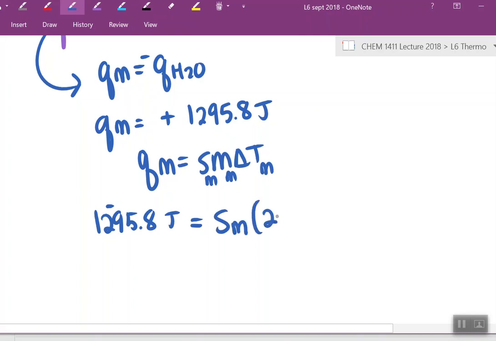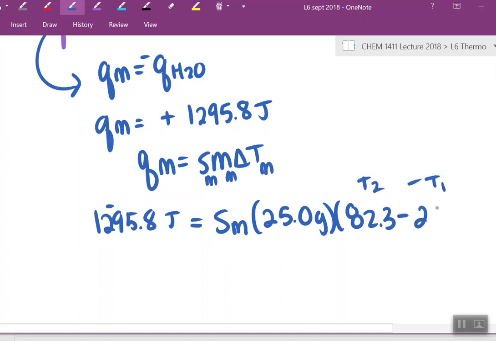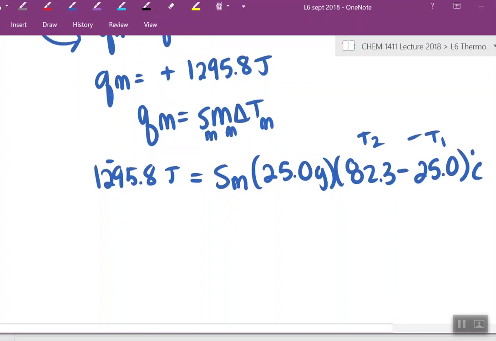I have the mass of the metal, and the change in temperature for the metal. So that T2 was the same for both. And then, let's see. I'm going to watch my sig figs here again, just to be sure.